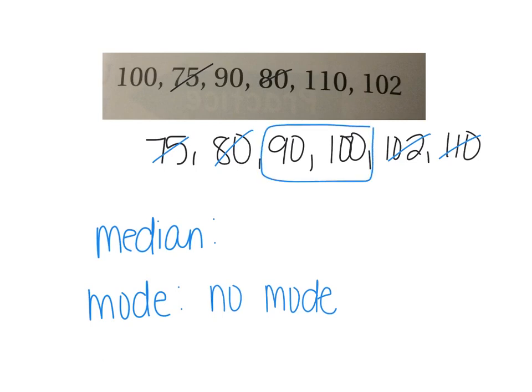So 100 plus 90 would be 190, divided by 2, and I get 95. So when you have an even number of data values, you will have to find the mean of the middle two to find your median.